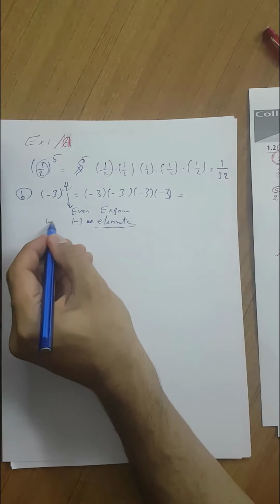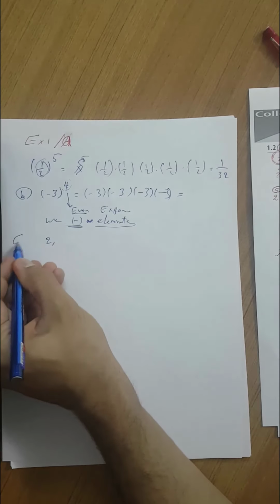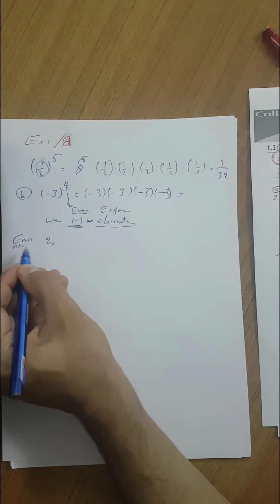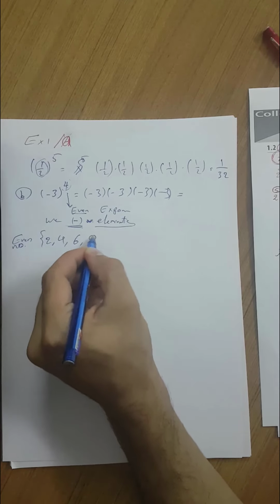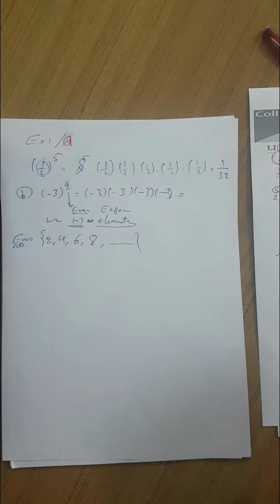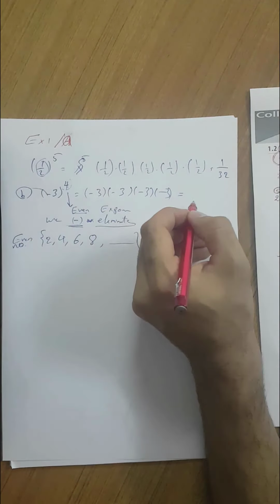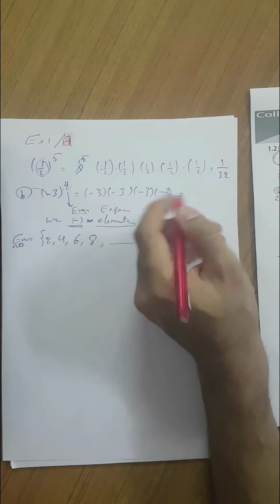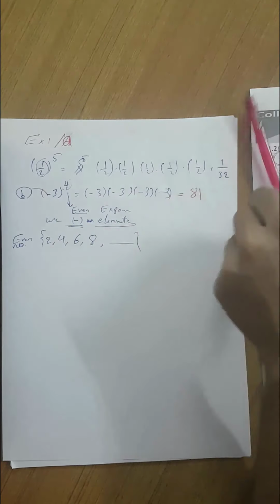We eliminate the negative sign because we have even exponent. Even means like 2, 4, 6, 8, and go on. So in that case we will eliminate the negative, and it is equal to 3 to power 4, which is equal to 81.